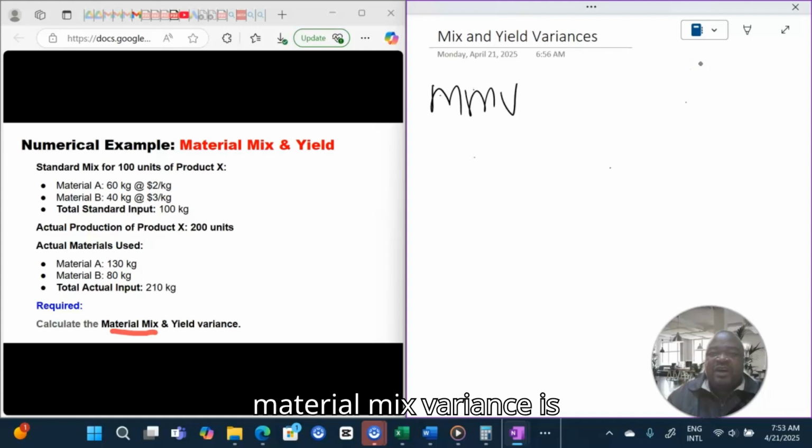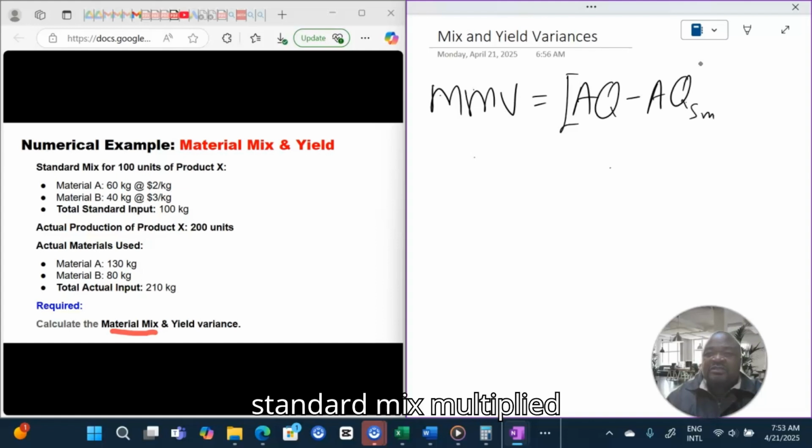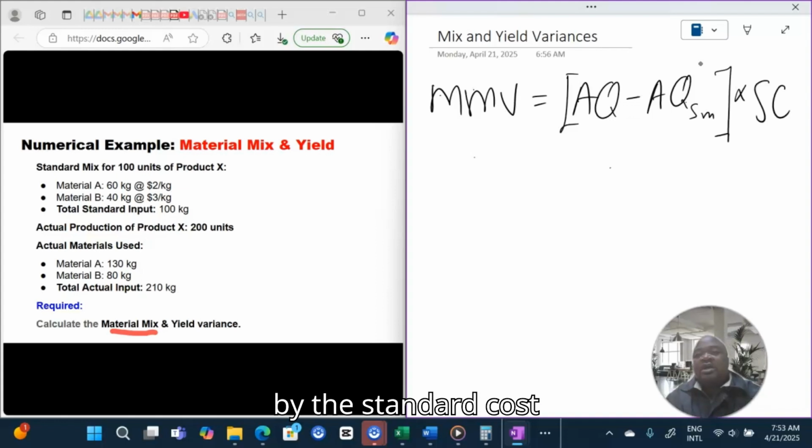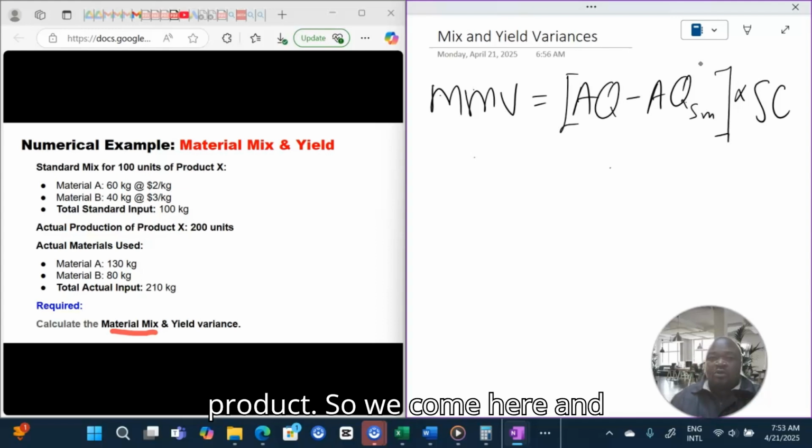Material mix variance is equal to the actual quantity at actual mix minus actual quantity at standard mix, multiplied by the standard cost per unit. That's what we know so far. However, we are given two products, so it is essential to calculate the separate variance for each product.